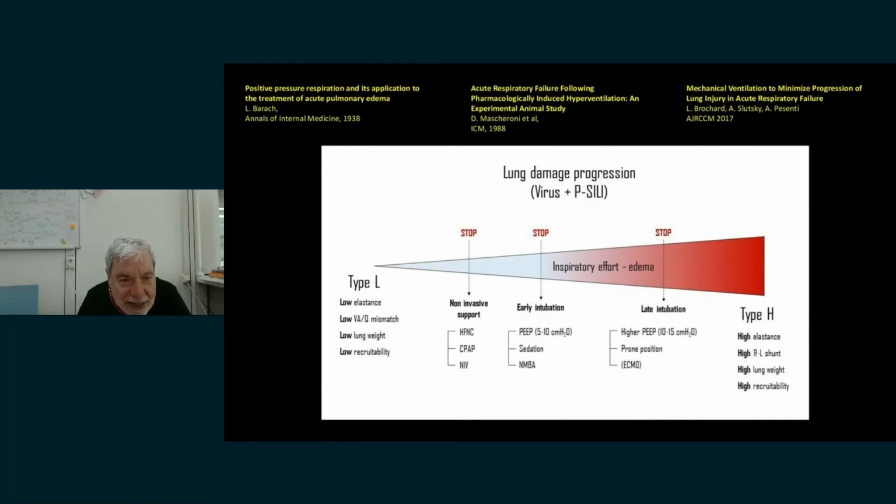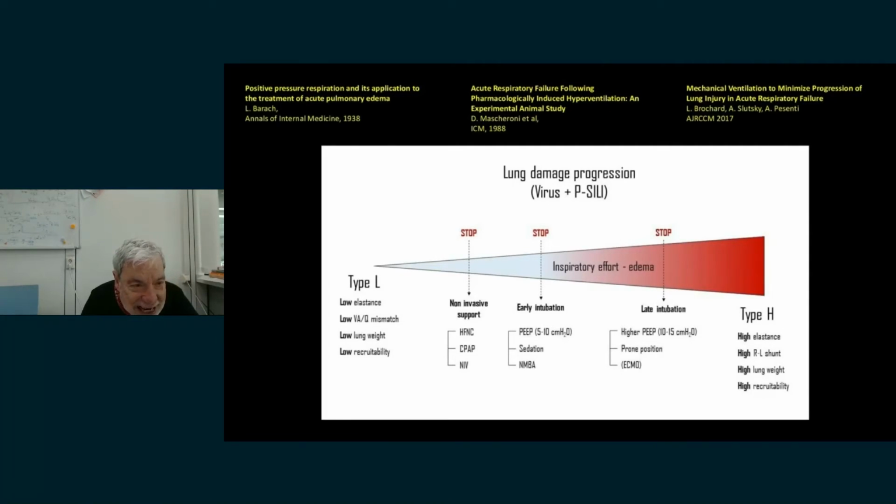And of course, we have the damage due to the disease per se, but many of these patients also had a tremendous spontaneous breathing, which is patient self-induced lung injury.